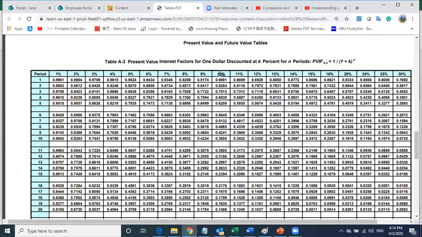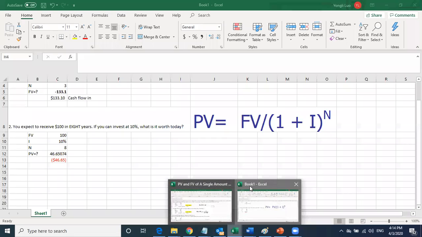for 8 years. So we go all the way down to 8 years. 8 years and 10%, right here. So this is the number, 0.4665. So now we have this one.